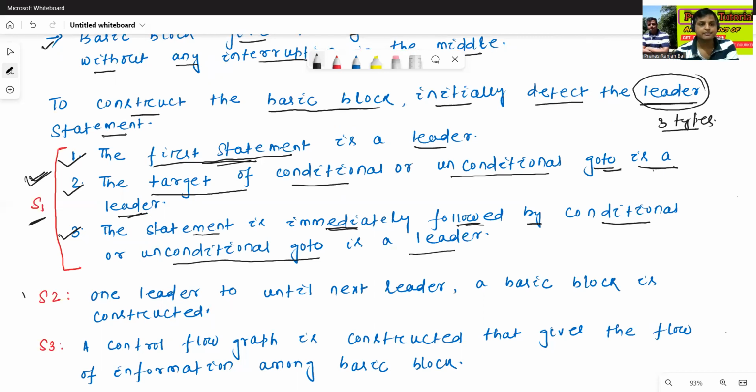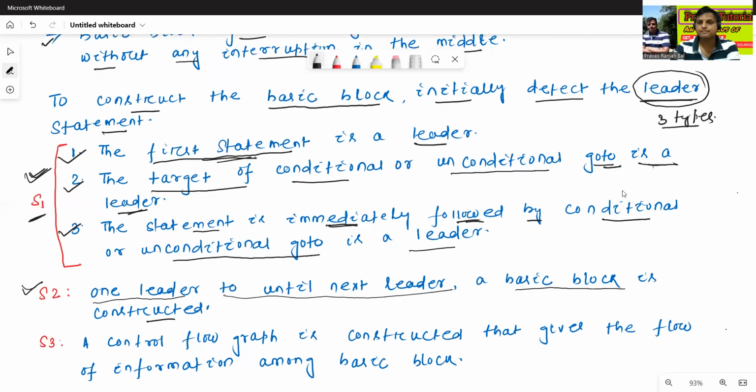What is the second step? From one leader until the next leader, a basic block is constructed. Now we'll do the second step.